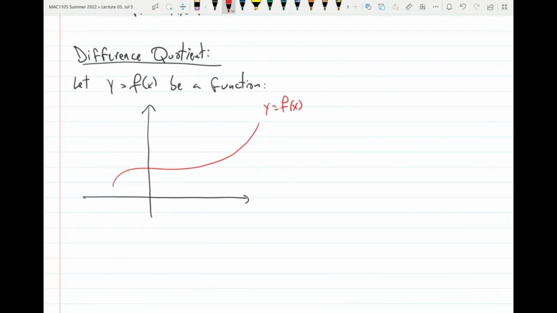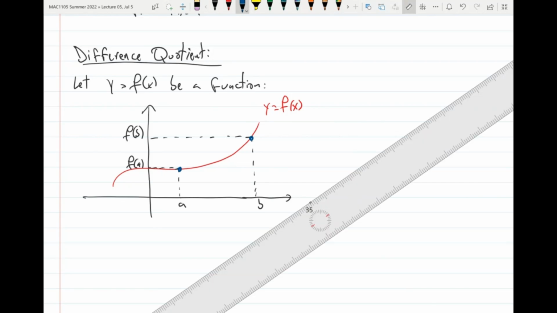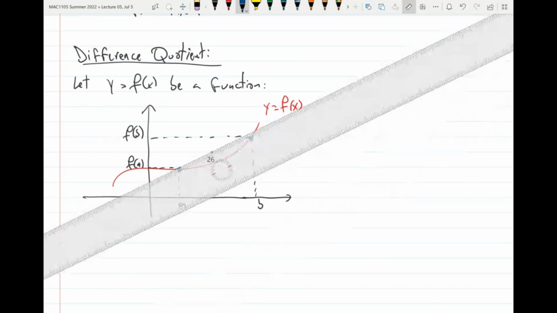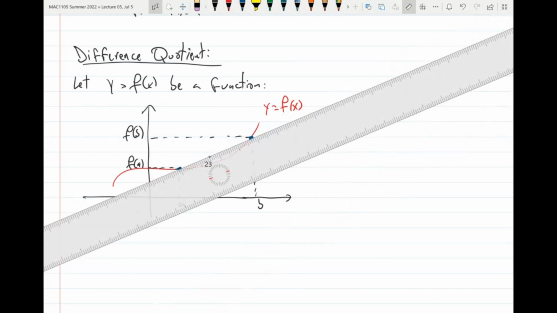So let's say this is your function y equal f of x. Let's say this is a, and this one over here happens to be b. So this is the point (a, f of a), and this is (b, f of b). And as you know, when you find the average rate of change, what we're doing is finding the slope of this line.